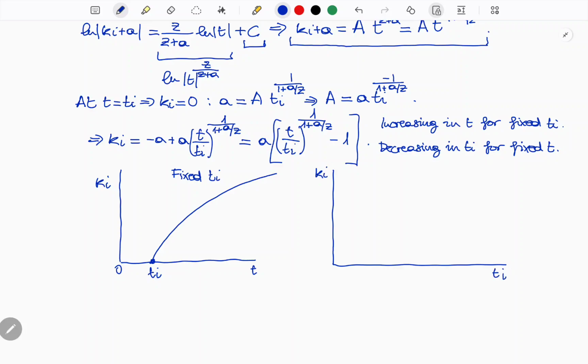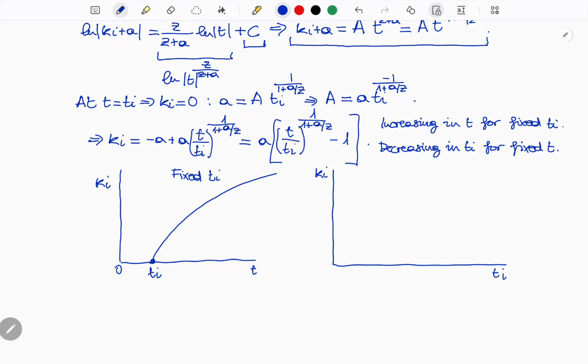Now this is in terms of ti, and what we find is that as ti approaches 0, this is going to diverge, becoming larger and larger. And at ti equal to t, this expression is going to be 1. So 1 to the power of whatever is 1, and 1 minus 1 is 0. So when ti is equal to t, this has to be equal to 0.